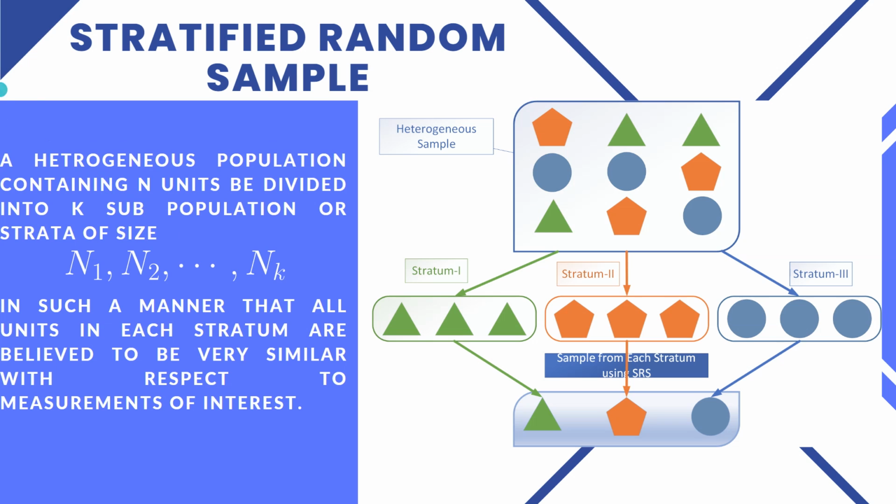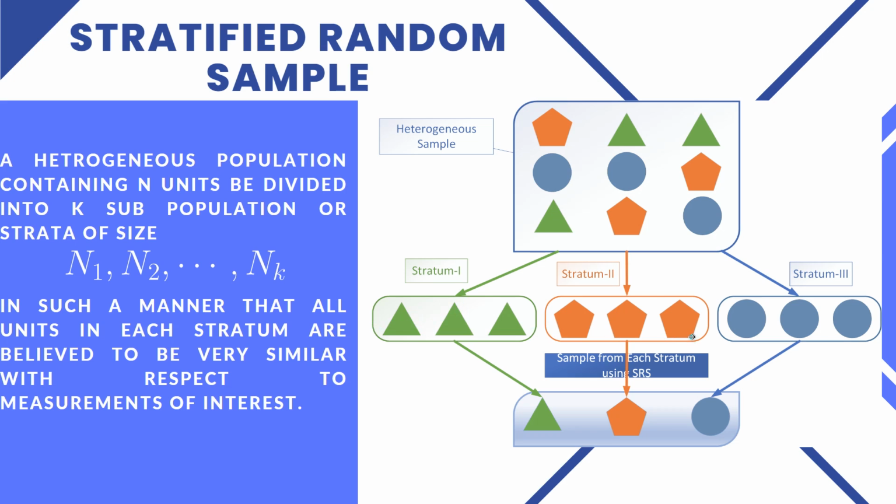So we elaborate it differently here with another definition. Suppose a heterogeneous population contains capital N units. Capital N means the number of units of your population, and we divide it into k subpopulations or strata. These are the k subpopulations, and their sizes are N1, N2, N3 and so on.